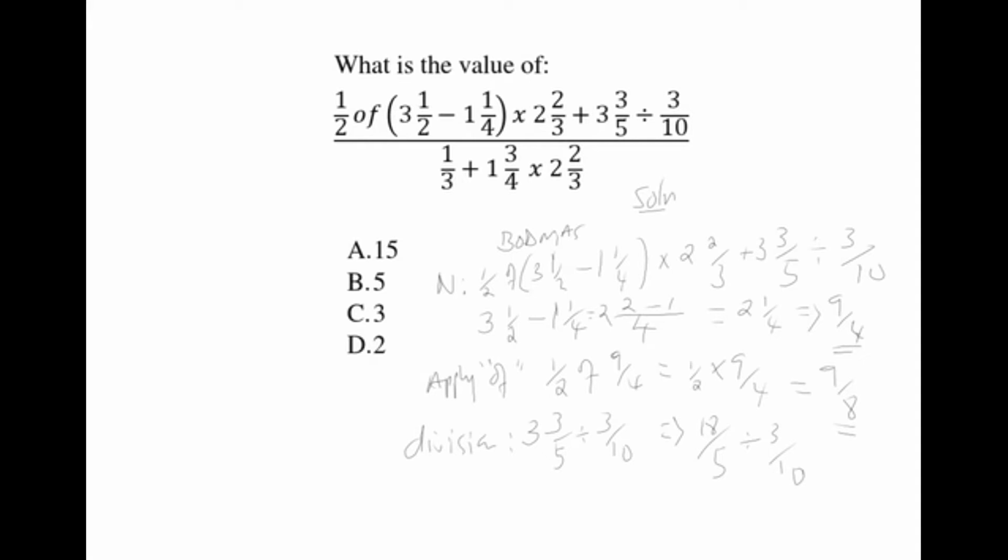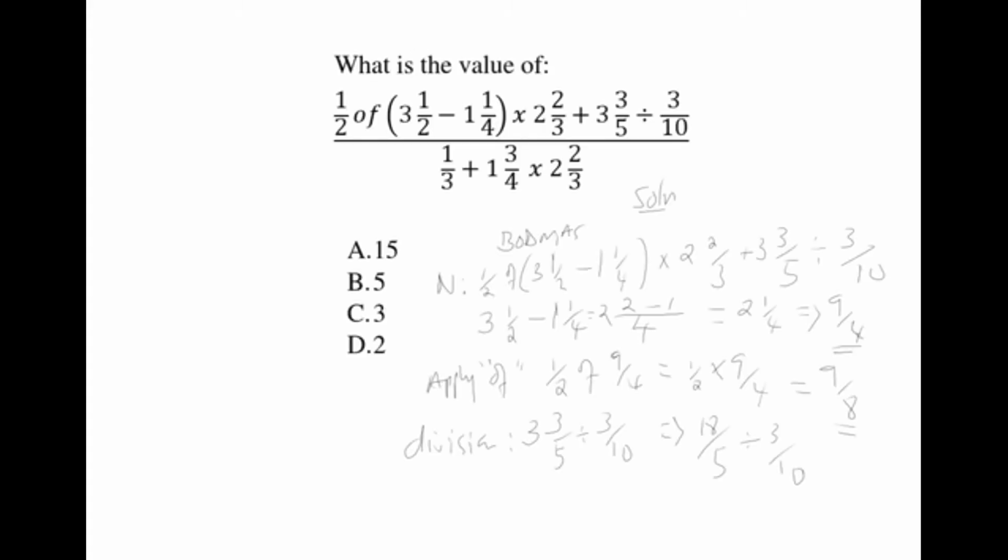Then we have to multiply. We change the sign to multiplication and we take the reciprocal of 3/10, which is 10/3. By 3, 1, by 3, 6, by 5, 1, by 5, 2. This gives us 6 times 2, which is 12. So that is after division.